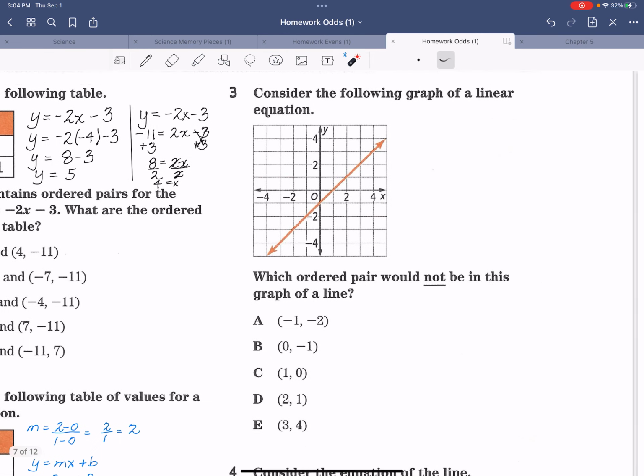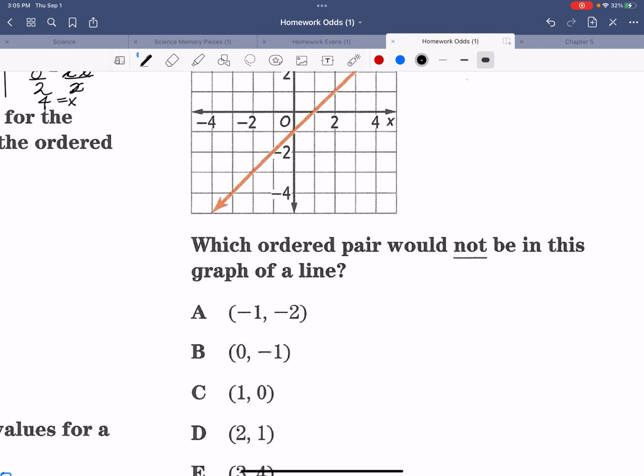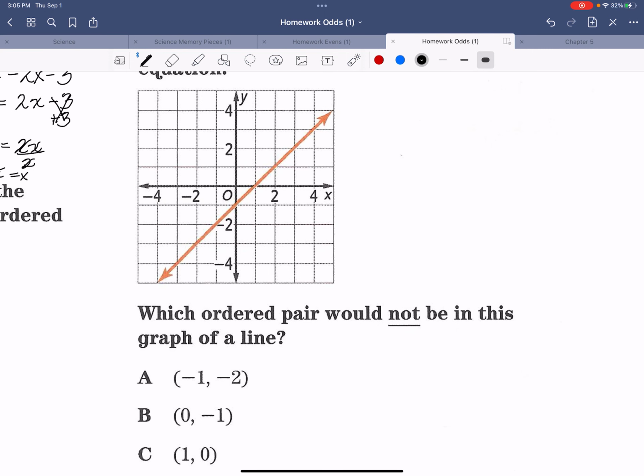All right, number 3. Consider the following graph of a linear equation, which ordered pair would not be in this graph of a line. For this one, I'm just going to graph the points and see which one does not fit. Get the scale. It looks like every box is worth 1 in all directions.